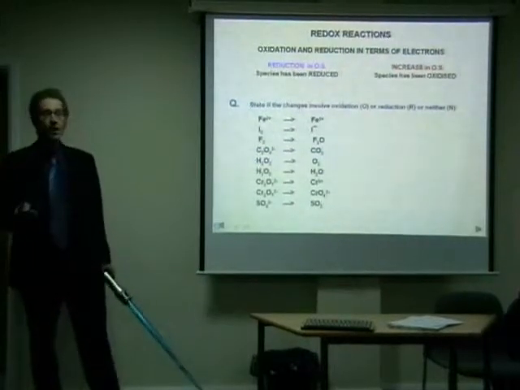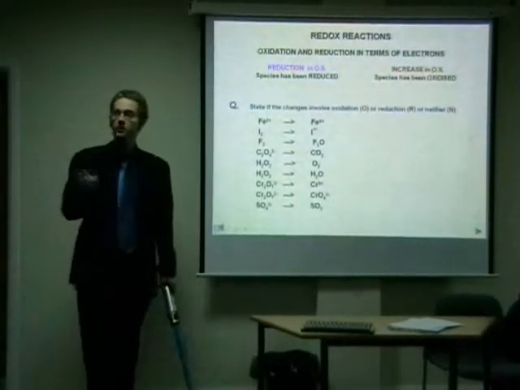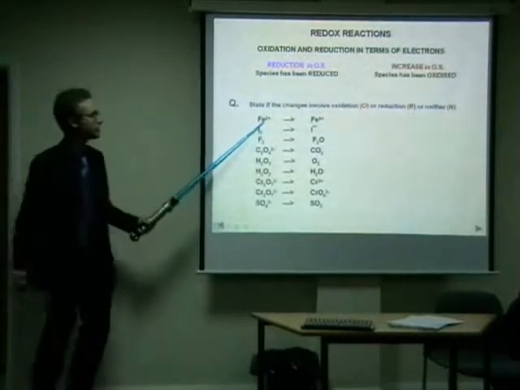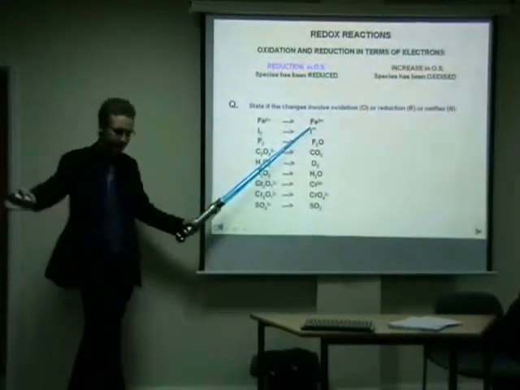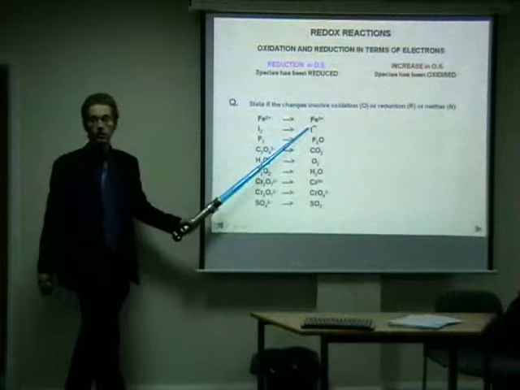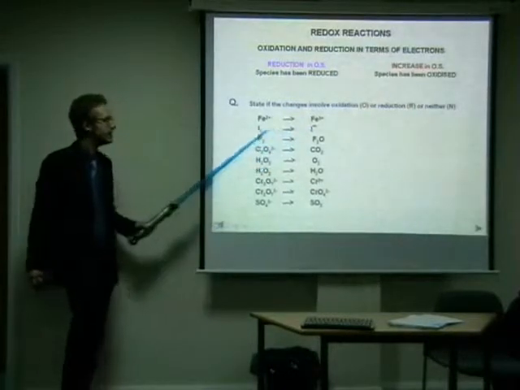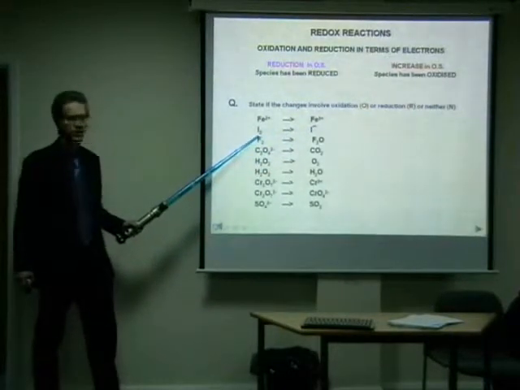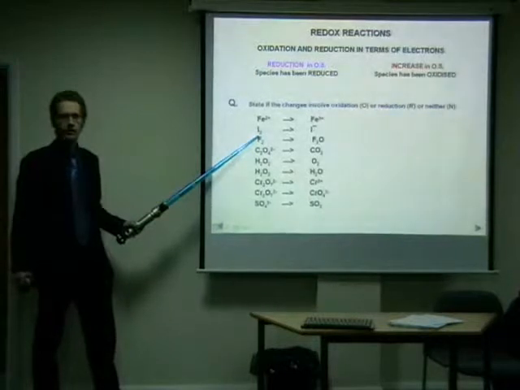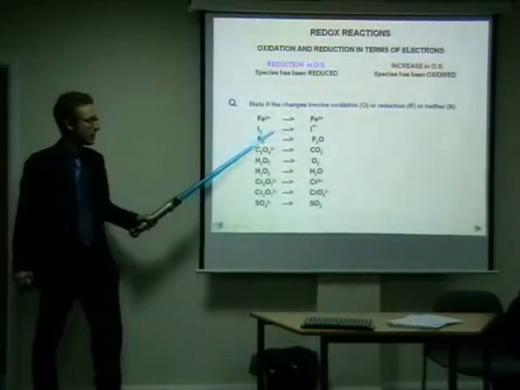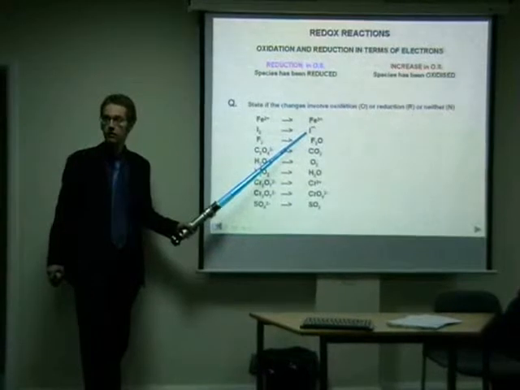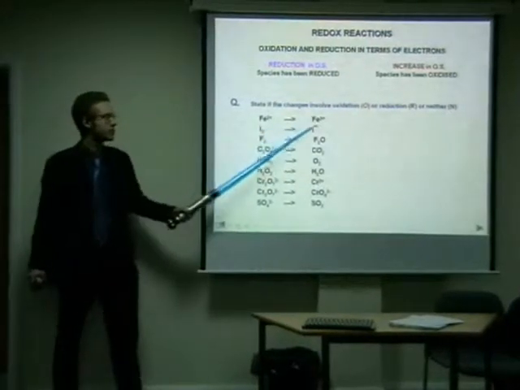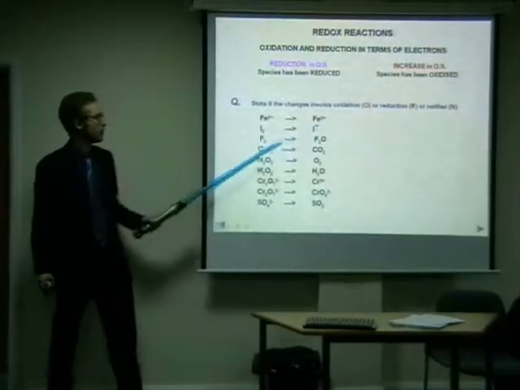So, what we now have to work out is whether something has been oxidized or reduced. If it goes from +2 to +3, it has been oxidized. If you go from there, oxidation state there, 0, oxidation state there. Therefore, this is reduction.